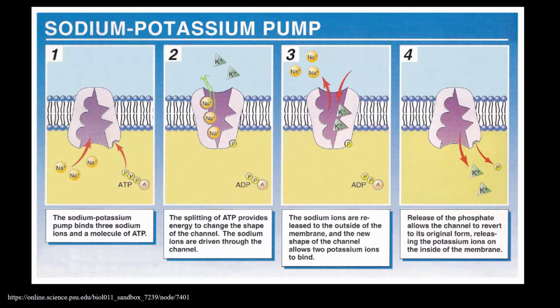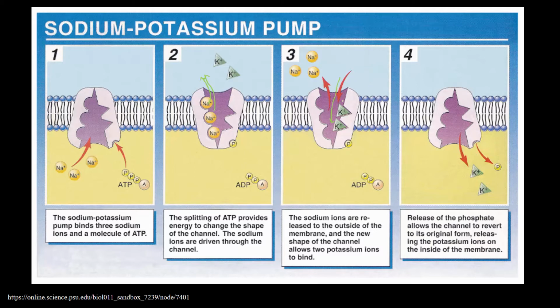Okay, so in terms of sodium, it's going to help maintain a low concentration inside by getting rid of that sodium. It's then going to take potassium from the outside and bring that into the cell. Remember, some potassium was escaping through those leak channels.